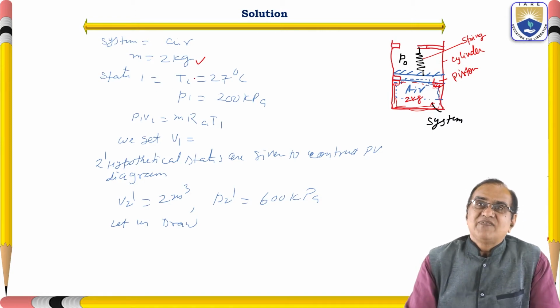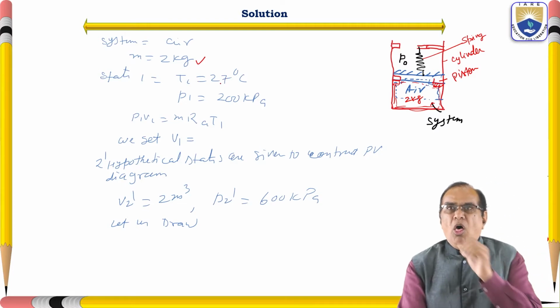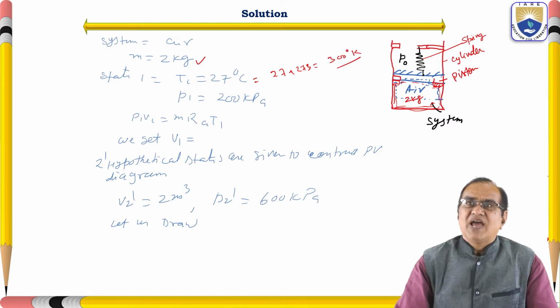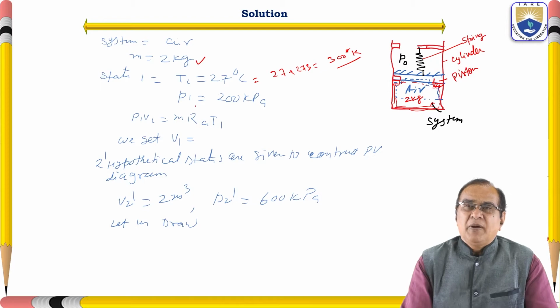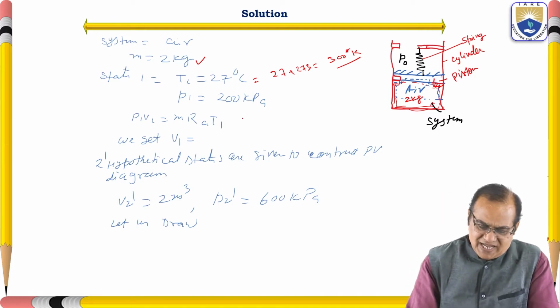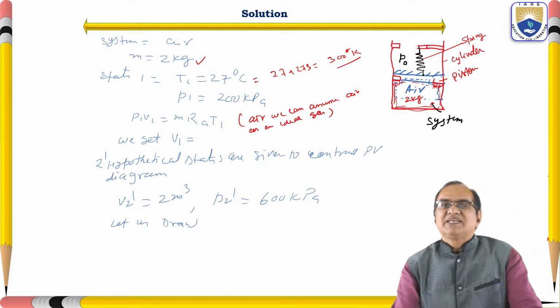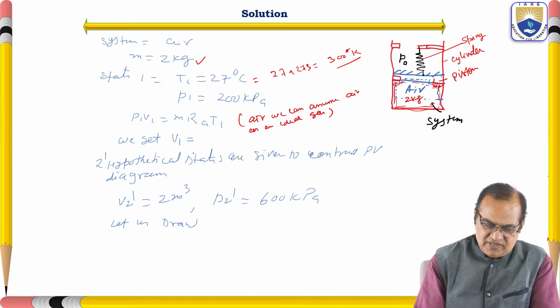So state 1 is given, T1 is equal to 27 degree centigrade, or 27 plus 273, 300 degree Kelvin. Okay, and pressure P1 is given, 200 kilopascal. From the ideal gas, because this is air, we can assume air as an ideal gas. So we get V1 from here.